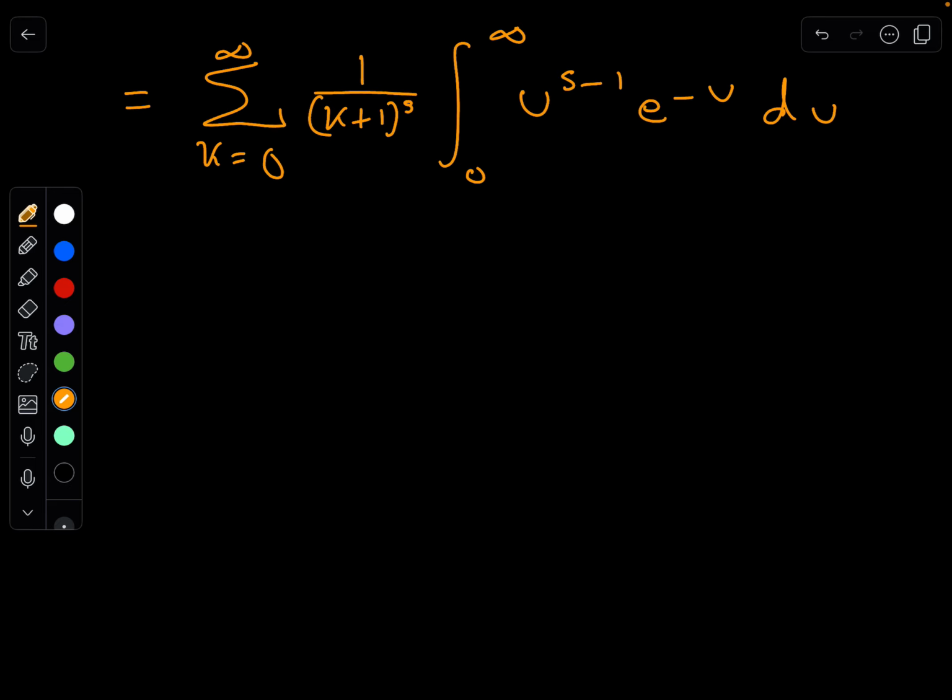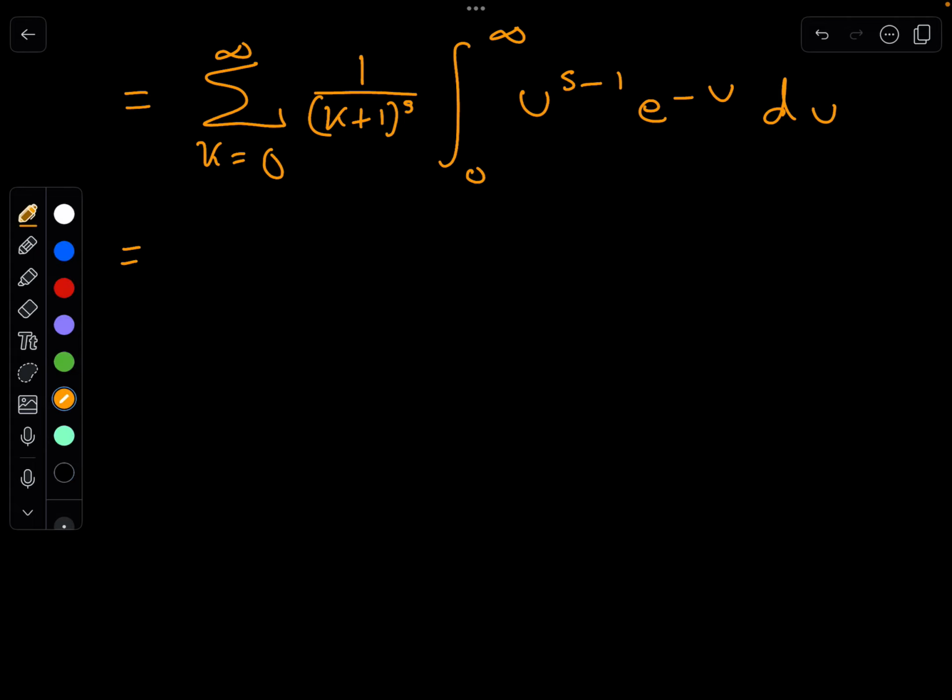The first sum is simply 1 plus 1 over 2 to the s plus 1 over 3 to the s, 1 over 4 to the s, and so on. And that is simply the zeta function.